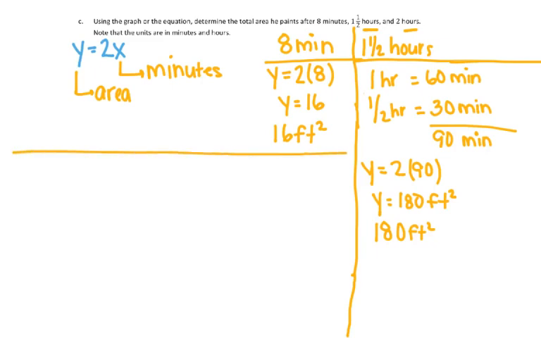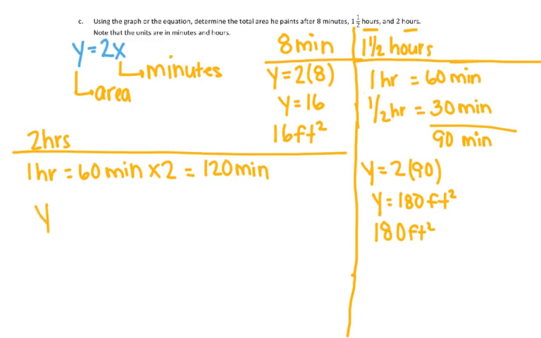And I'm sorry, I have to continue it over here. So here's our 2 hours. Remember that an hour is 60 minutes, so 1 hour is 60 minutes. So if we're doing 2 hours, we're going to multiply that by 2. So we get 120 minutes in 2 hours.